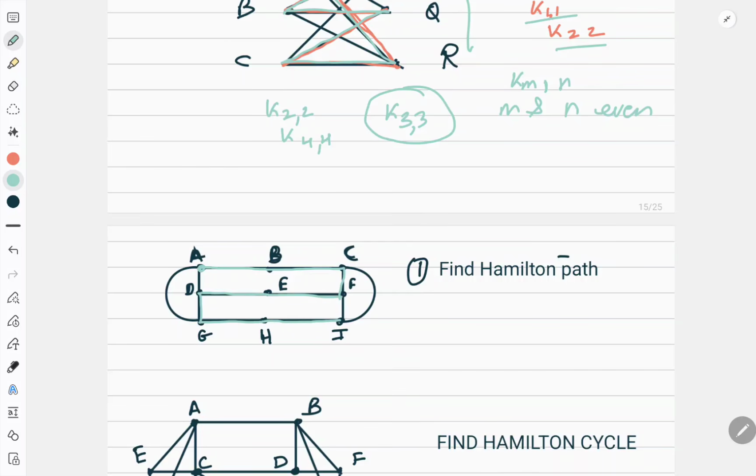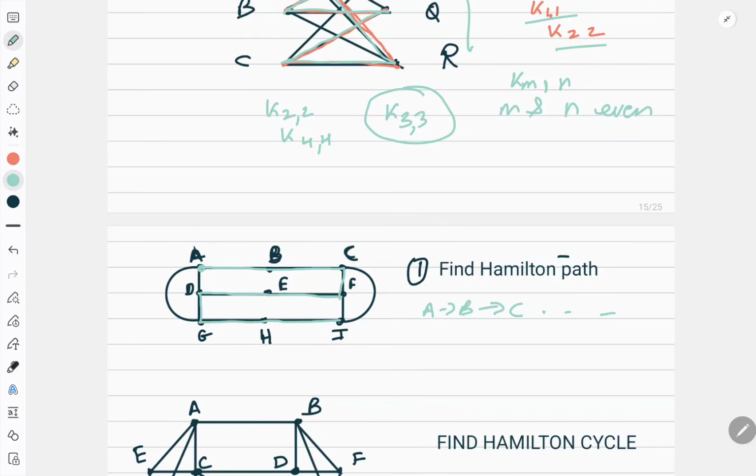You can start with B also, you can start with G also, but you should travel in such a way that you have an alternate sequence and cover all the vertices. And in the exam when you draw this, apart from that you should also write A to B, B to C, like that you should define the whole path.